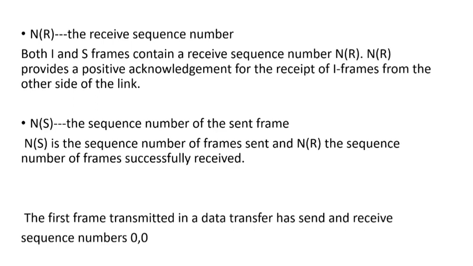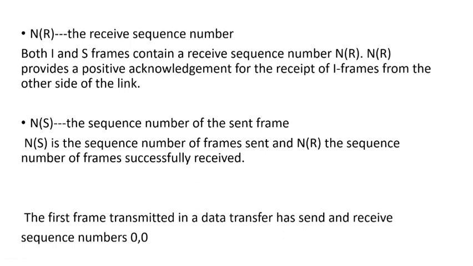If you look on Google, you will get a lot of details regarding NR and NS, but I don't think that much data is required for you. So that's all about NR and NS: NR is the receive sequence number and NS is the send frame sequence number.